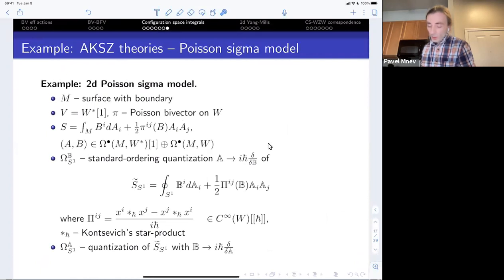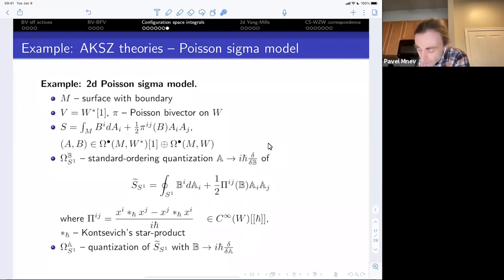All right, and a more complicated example is the two-dimensional Poisson sigma model, responsible for Kontsevich's deformation quantization in particular. Here you have M, a surface with boundary. The coefficient space is the dual, with a shift by one, of a vector space equipped with the Poisson bivector.